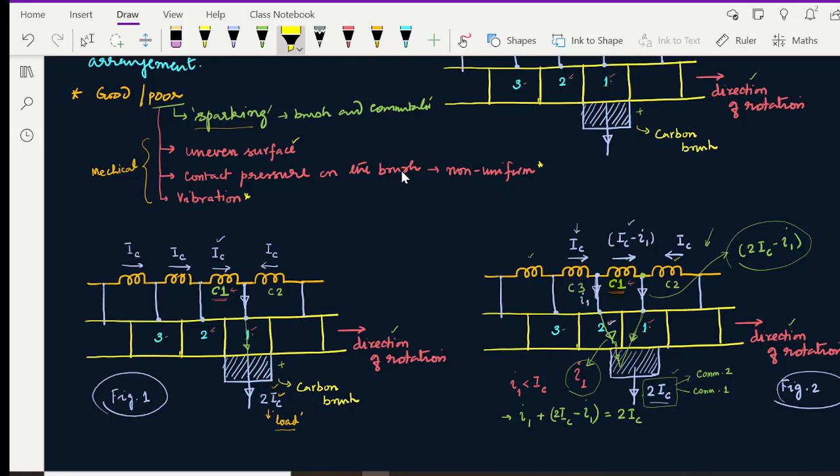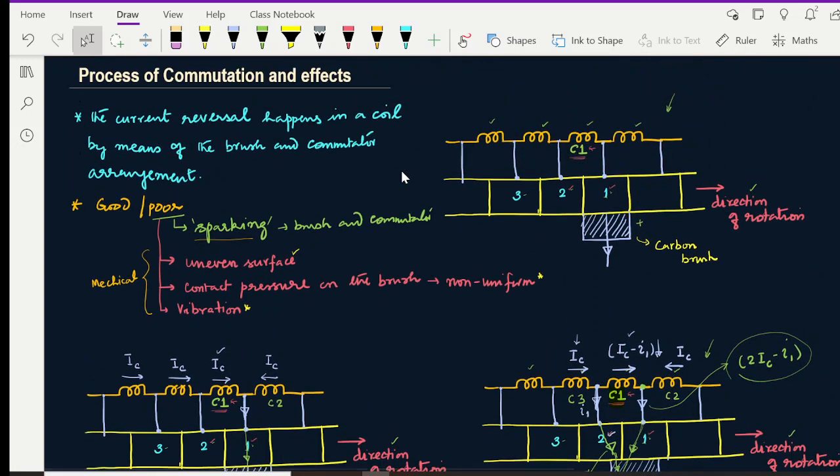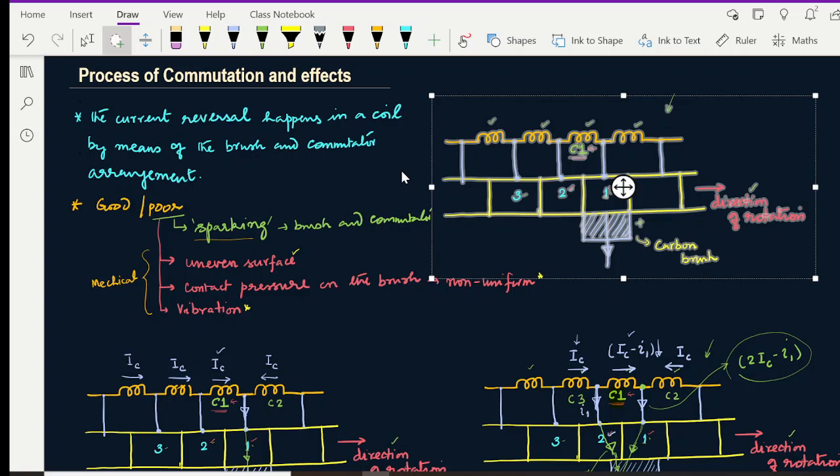With respect to coil 1, compared to figure 1, in figure 2 there is a reduction in the amount of current. Now this is the second snapshot. That means the armature is continuously rotating, and we got a second snapshot of the rotation. Now let us go to the third snapshot.